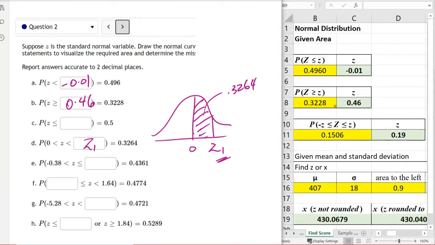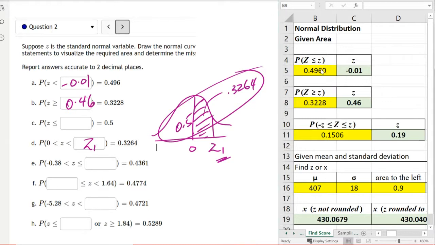So we know that the area below 0 is 0.5. So if we add 0.5 to that number, that will give us 0.8264. Okay, and if we put that in here, it gives us a Z score of 0.94. So that will be a 0.94 over there.